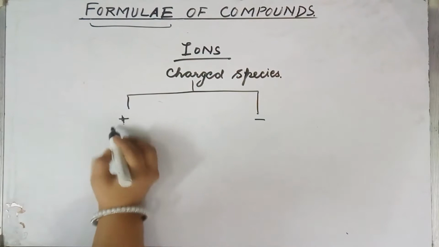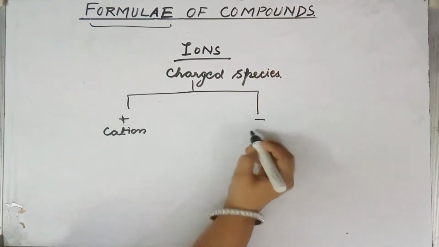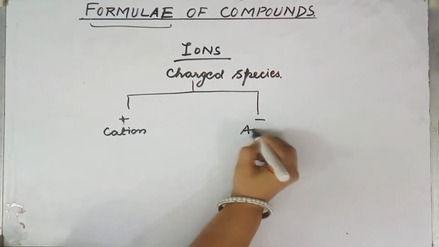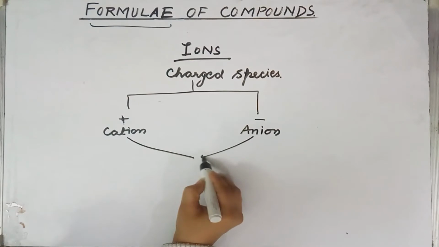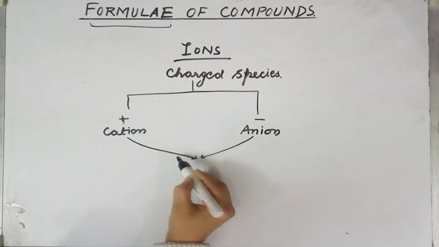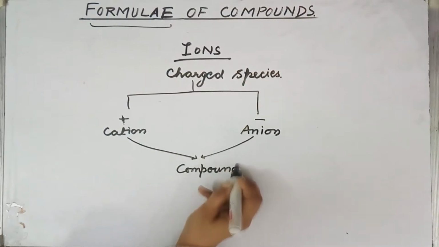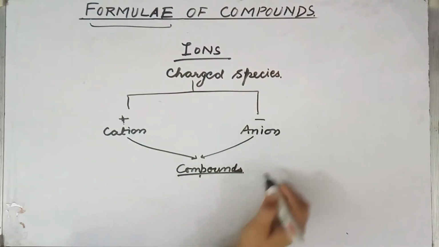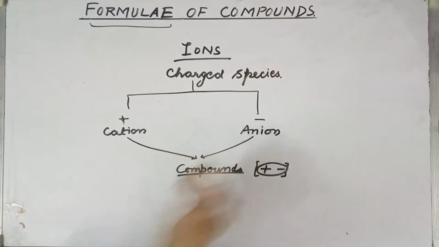Positively charged ions are known as cations and negatively charged species are known as anions. When these cations and anions combine, they satisfy themselves and make compounds. These compounds are a combination of plus and minus, and these plus and minus are satisfying themselves, as I have told you earlier.